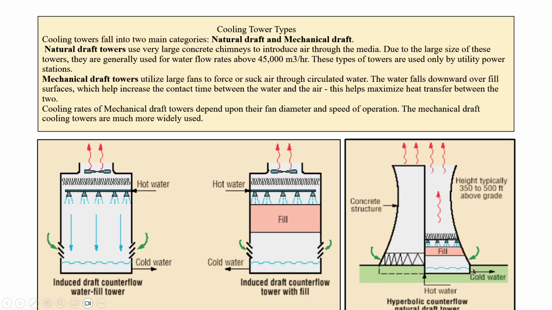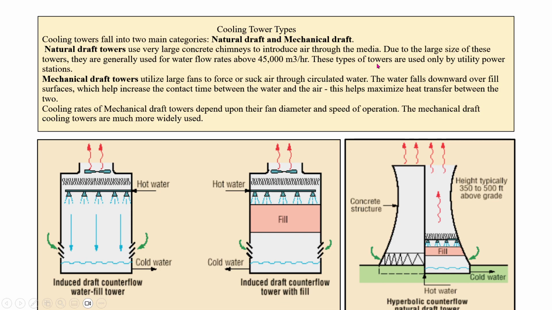The chimney is very large and tall, used to introduce air through the media. Due to the large size of the tower, they are generally used for water flow rates above 45,000 cubic meters per hour.